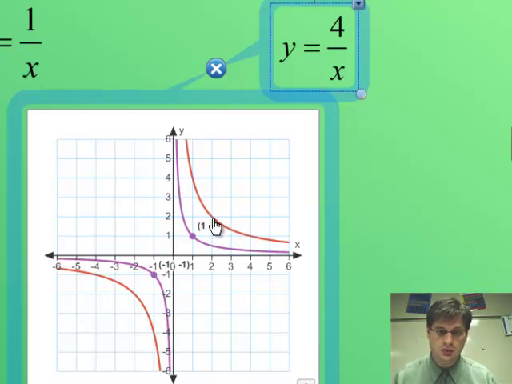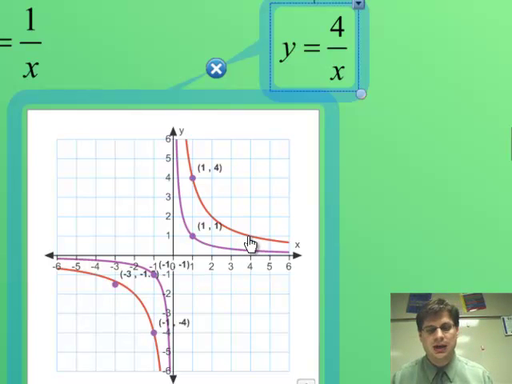Here's that 1 value right here, so x is 1, y is 4. Or we plug in -1 and we get -4, and we can put in various other points as well. The trick is being able to find whole number points. It's very easy to run across decimals.